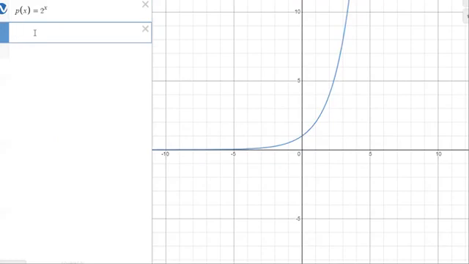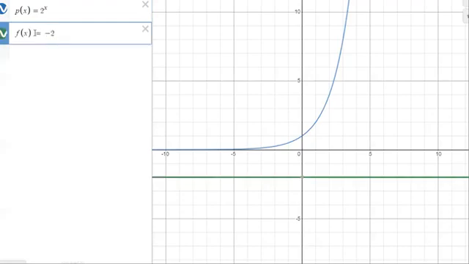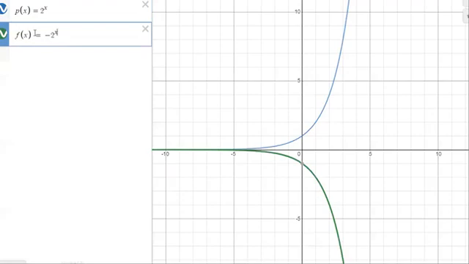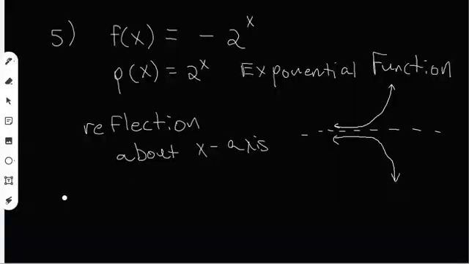Now, what we're going to do is multiply on the outside by a -1. So that's going to be a -2 to the x power. And now notice the blue graph has changed into the green graph. Notice that the function has flipped over the x-axis. So that's what that's going to look like. That's called a reflection.